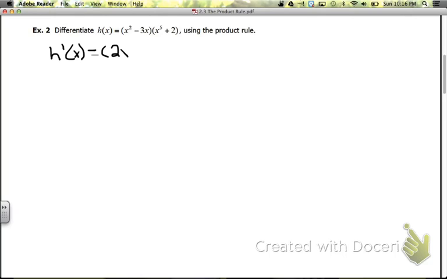So we have 2x minus 3, multiplied by our g of x, so x to the power of 5 plus 2, plus our f of x, so x squared minus 3x, multiplied by the derivative of g of x, which is just going to be 5x to the power of 4.